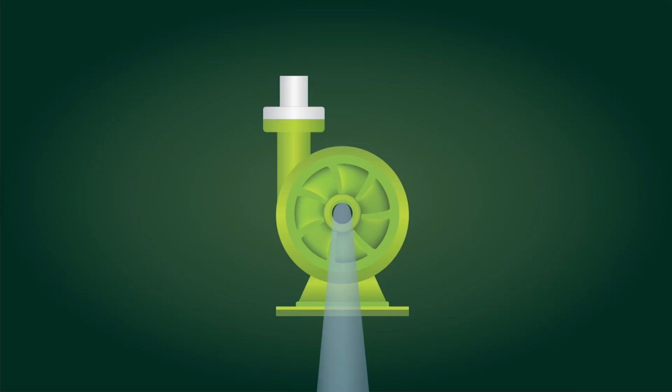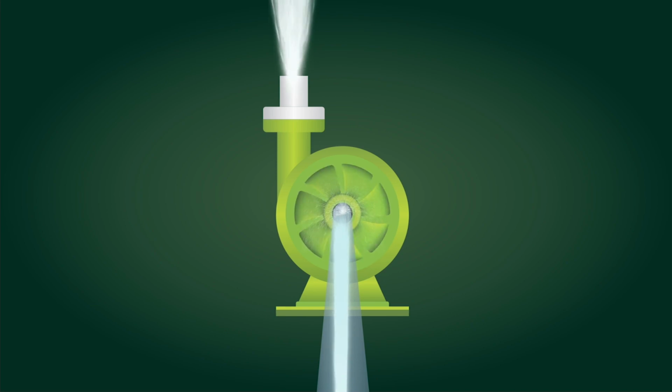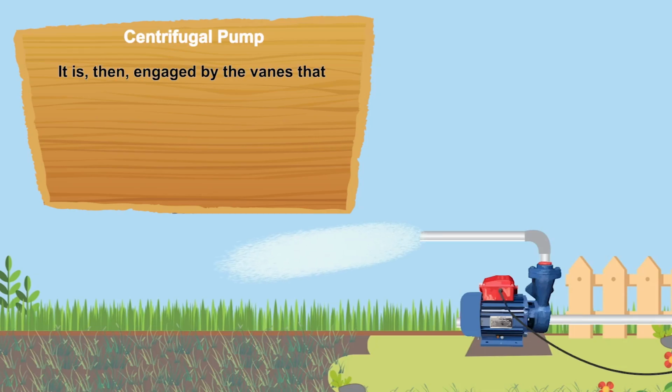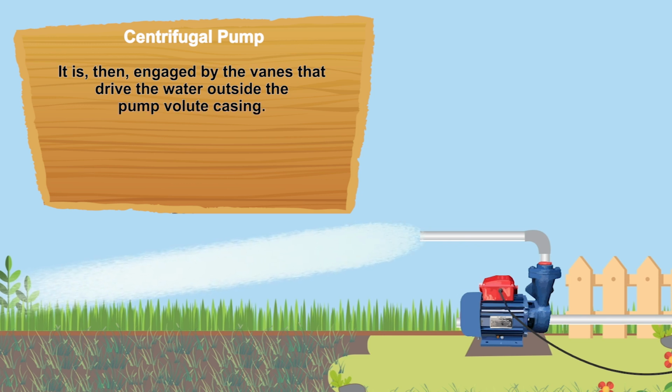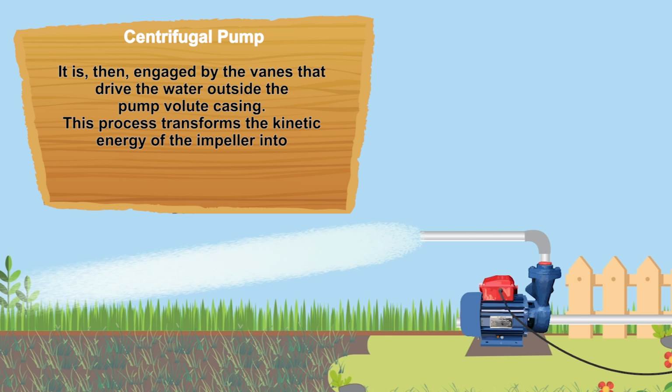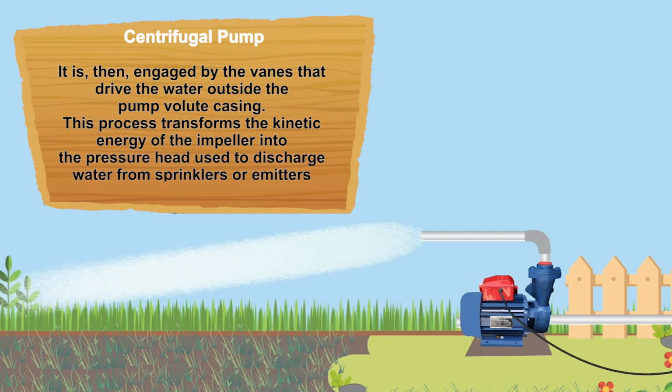Centrifugal pump is a pump that operates when water is drawn in the central chamber of a spinning impeller. It is then engaged by the vanes that drive the water outside the pump volute casing. This process transforms the kinetic energy of the impeller into the pressure head used to discharge water from sprinklers or emitters located in the area to be irrigated.